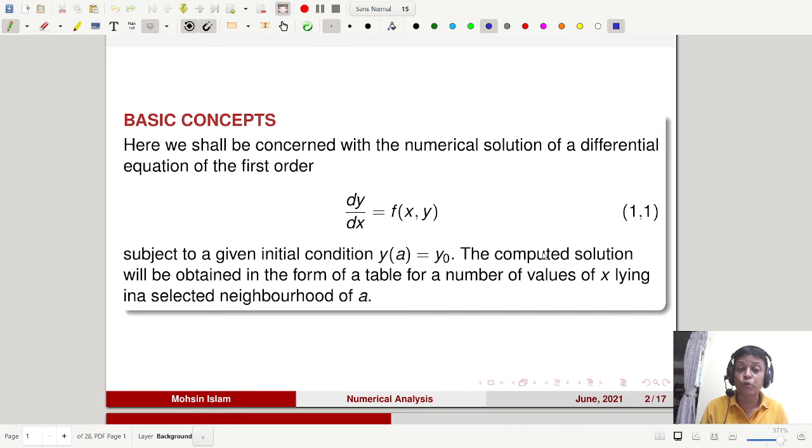That means at x = a, the value of y is y0. That is the initial condition. The computed solution will be obtained in the form of a table for a number of values of x lying in a selected neighborhood of a. So that is the problem.